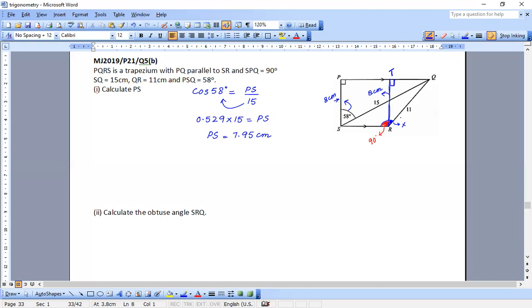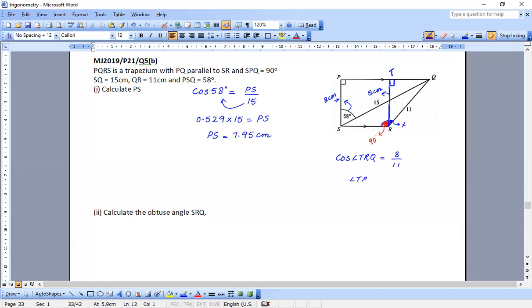Which trigonometric ratio should I be using? The angle which I am trying to find out is at R. With this as my angle under consideration, TR becomes adjacent and 11 remains the hypotenuse. So I am using cos. Angle TRQ equals adjacent upon hypotenuse. Adjacent is 8 and hypotenuse is 11.